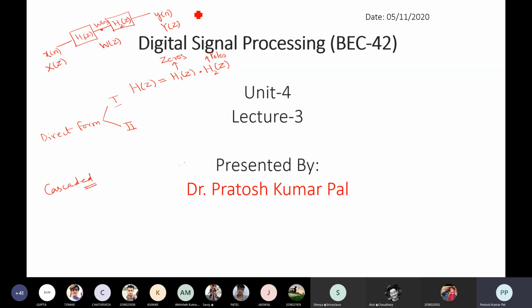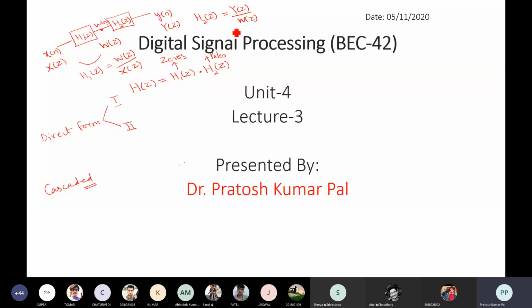So if we want to find H1 of z, it will be the output, that is W of z, divided by the input, that is X of z. Similarly, for H2 of z it will be the output Y of z divided by the input, which for H2 of z is W of z.